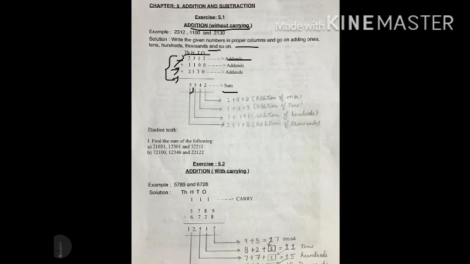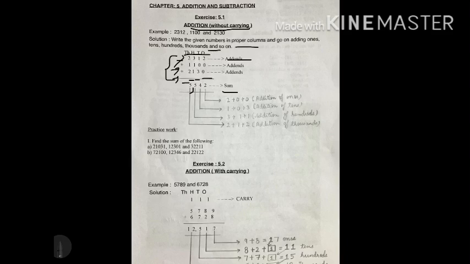You have to place the numbers according to their place values. We always begin placing the number from ones. This is the ones place, then tens place, then 100 place, and then 1000 place. And if the number is bigger, then it is 10,000, and then lakh, 10 lakh, crore, and 10 crore.